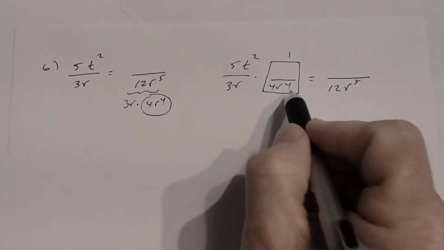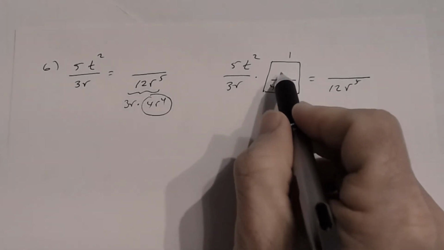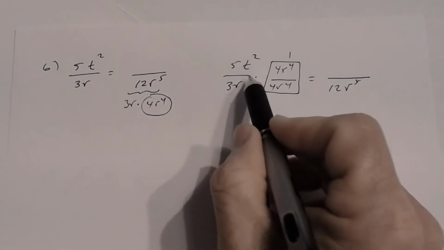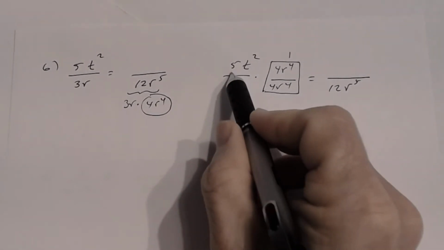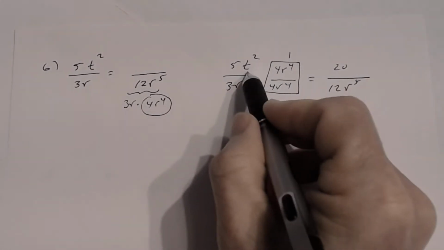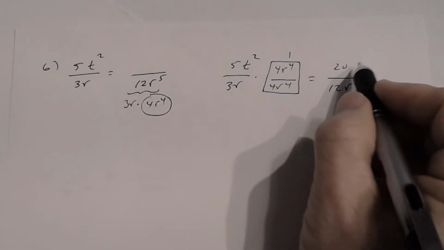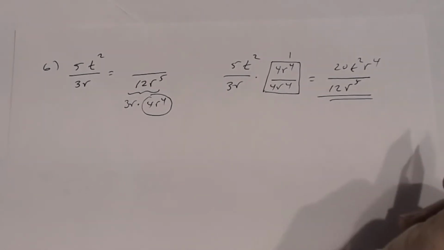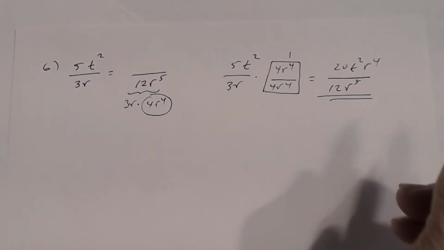You can see that. But what I do to the denominator, I must do to the numerator. So I've got to multiply the numerator also by 4r to the 4th. And so therefore you multiply the numerators out. So 5 times 4 is 20. t squared times r to the 4th is t squared r to the 4th. And so that would be your equivalent rational expression.